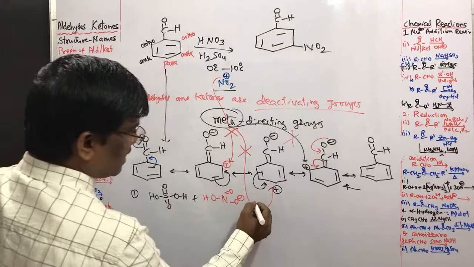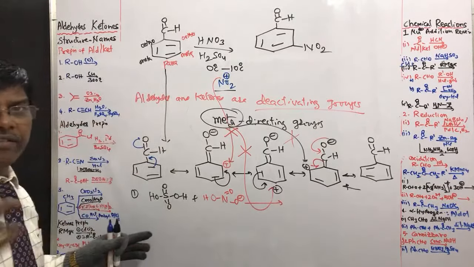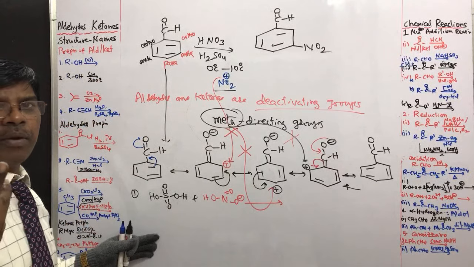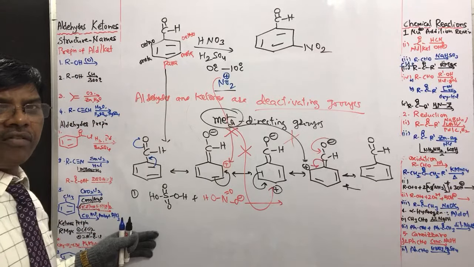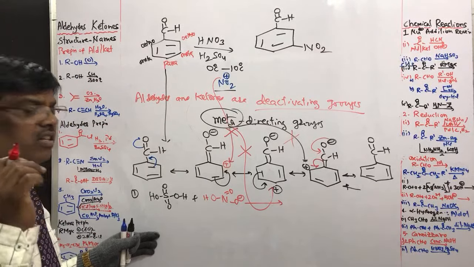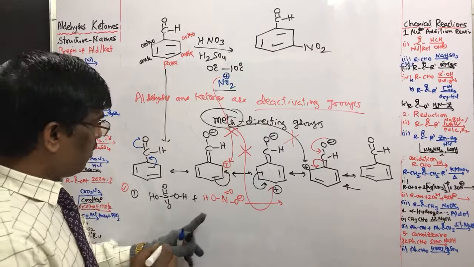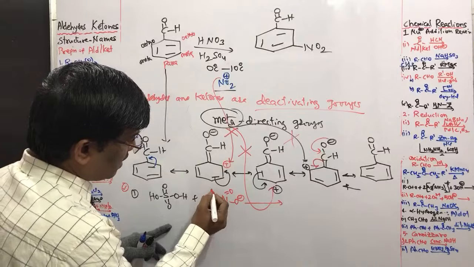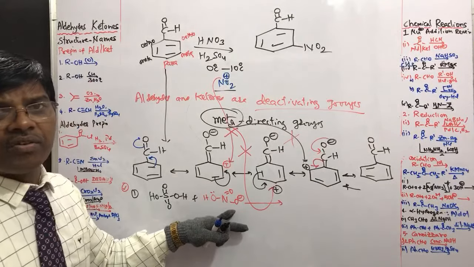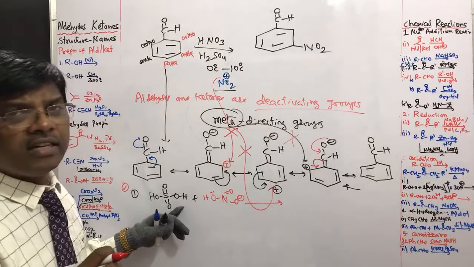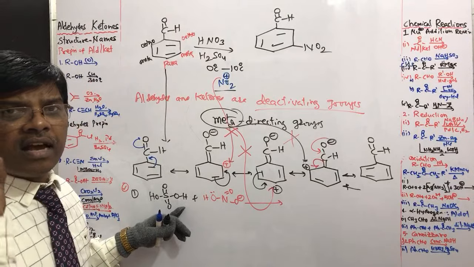In your previous class, you learned that the electrophilic substitution reaction involves 3 steps. The first step is generation of the electrophile, where HNO3 is going to act as a base and sulfuric acid is going to act as an acid.